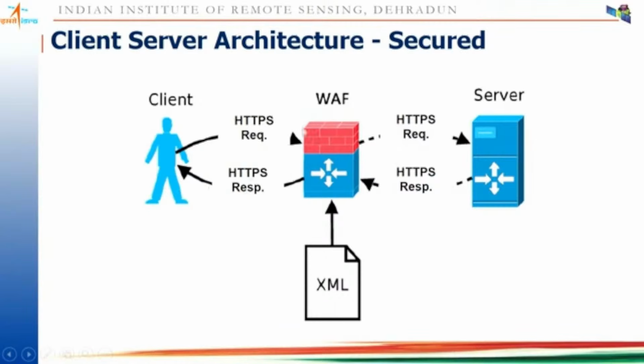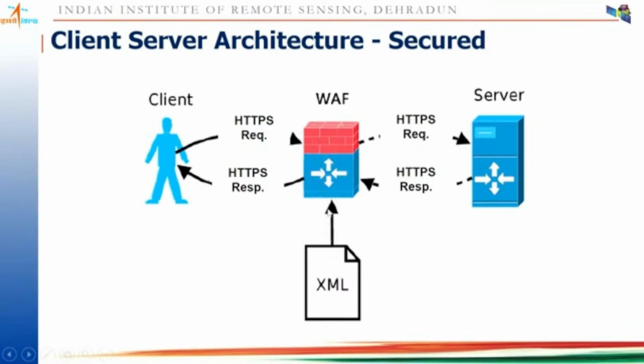Now, once these requests reach the server, we are not receiving direct requests here. What we do is put a firewall kind of thing over here, a web application firewall, WAF. Whatever requests come from different clients go to this WAF, and in the WAF we have written certain rules.